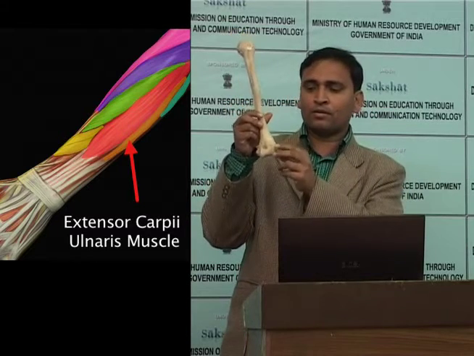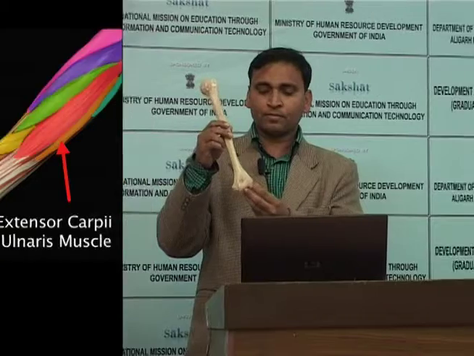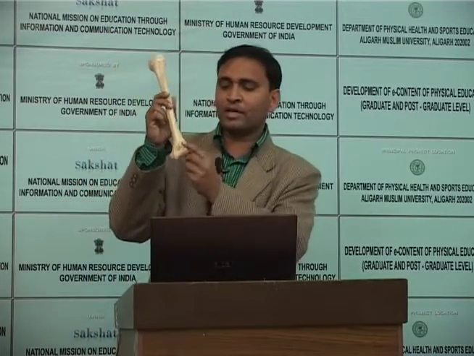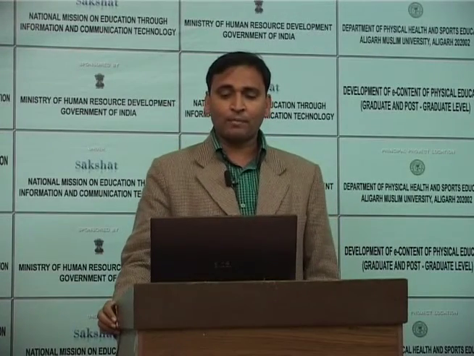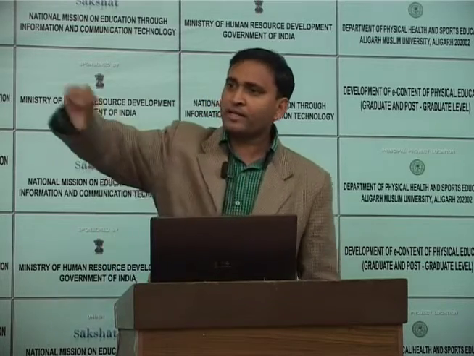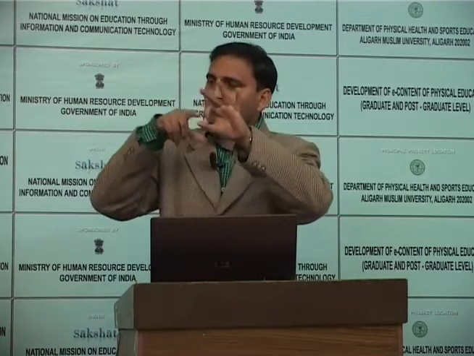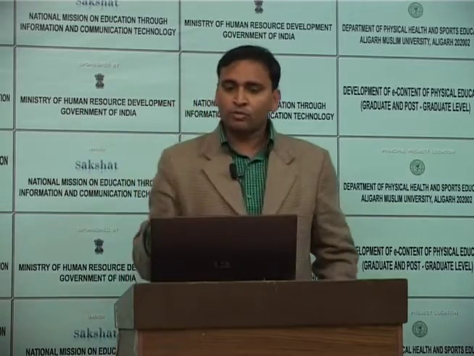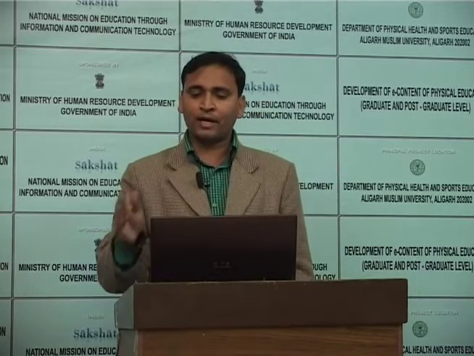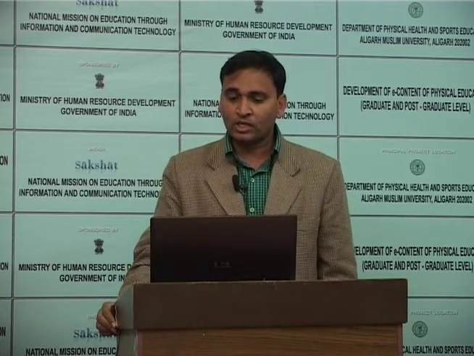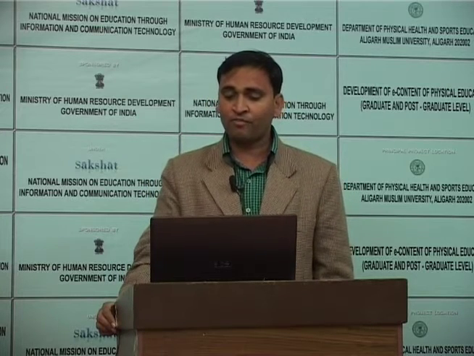As we have discussed before, all the tendons coming from the back side of the arm go through a canal formed by the extensor retinaculum. So the tendon of extensor carpi ulnaris passes through the extensor retinaculum and is inserted distally onto the ulnar side of the base of the fifth metacarpal bone.